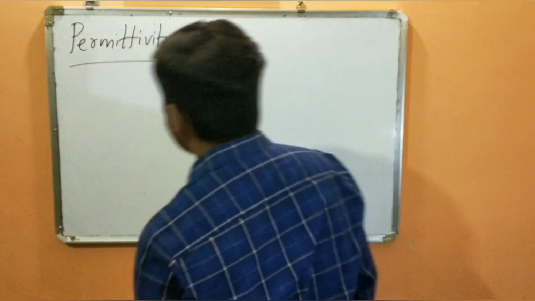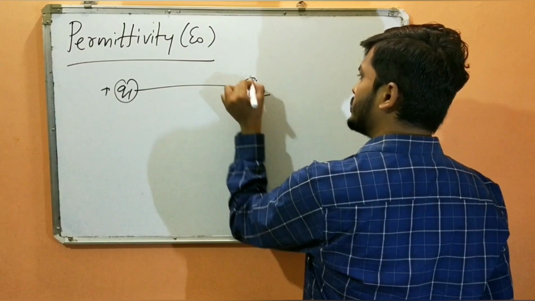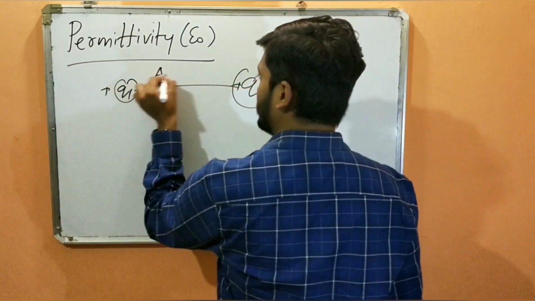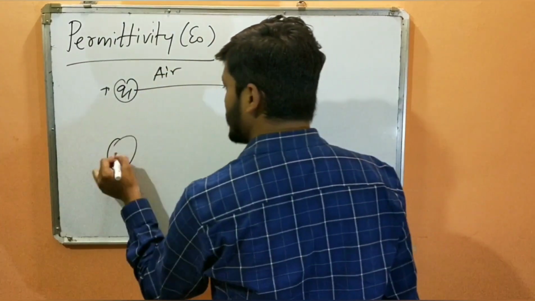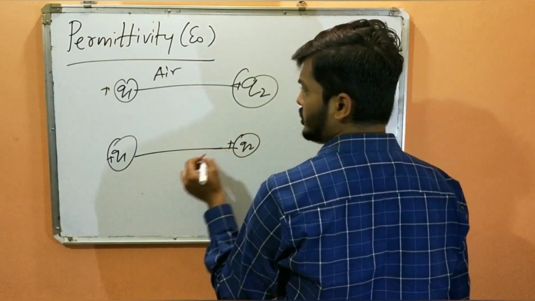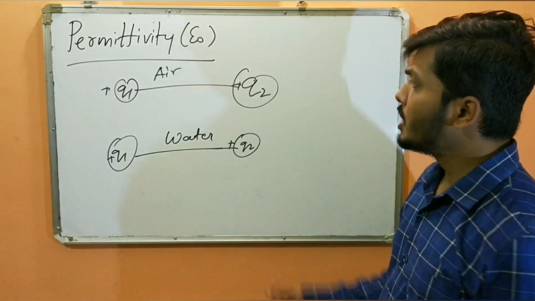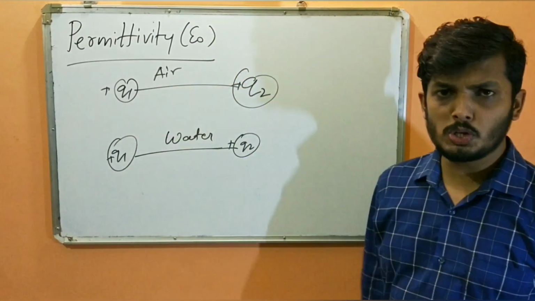If I place the charged particle plus Q1 and plus Q2 in air, and the same charged particles plus Q1 and plus Q2 separated by the same distance in water, you tell me in which case the force will be stronger.